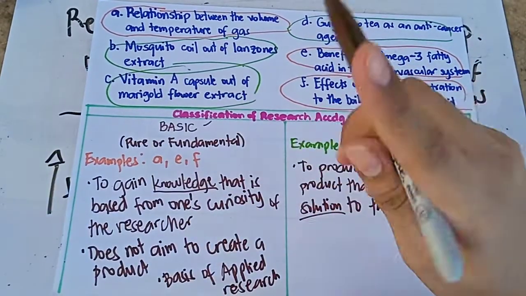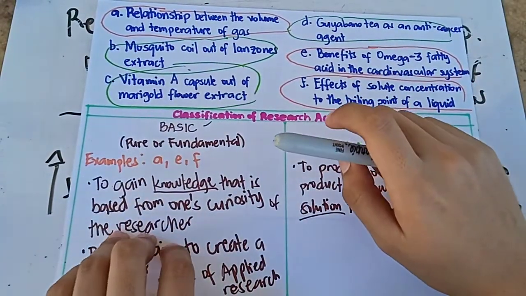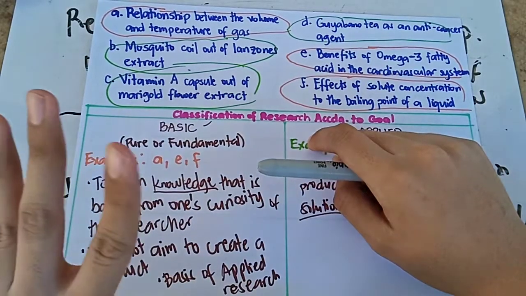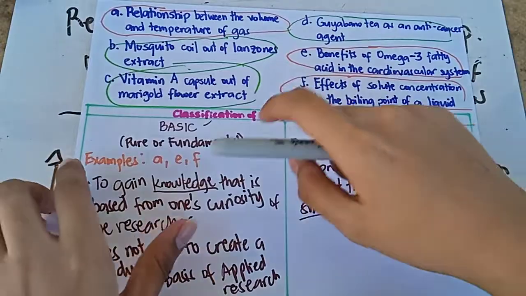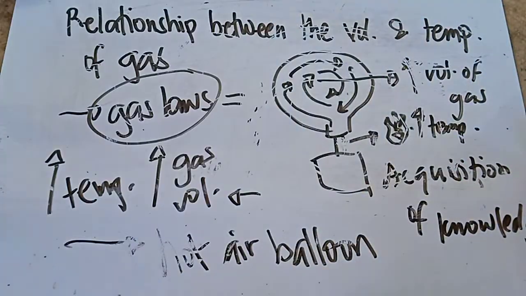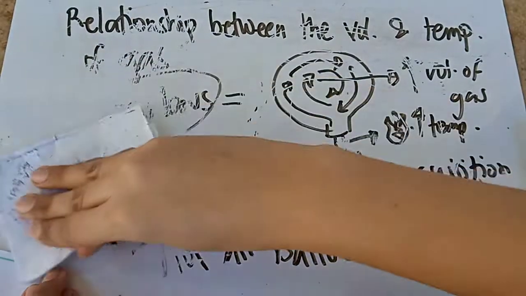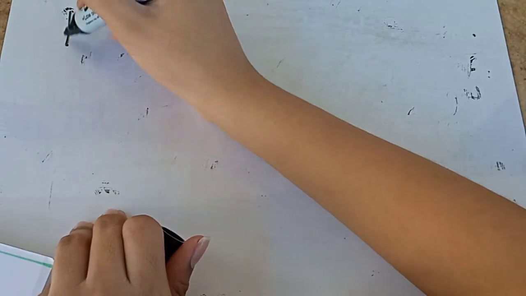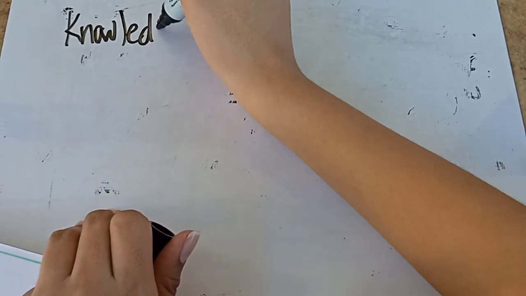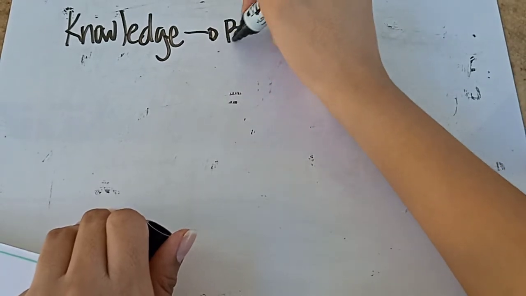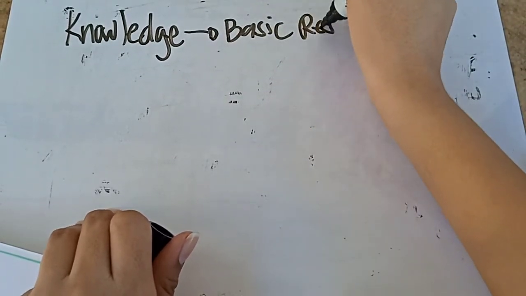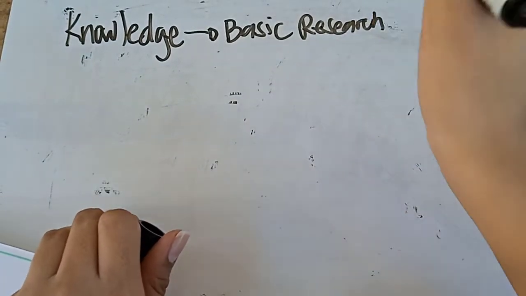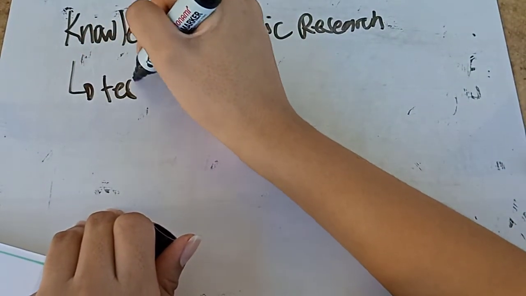Okay? So additionally, let's say basic research is a research in which we acquire knowledge. Now let us try to write this down. The knowledge acquired from basic research must be tested several times.